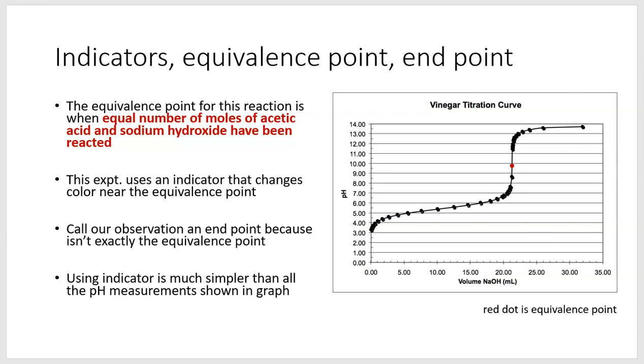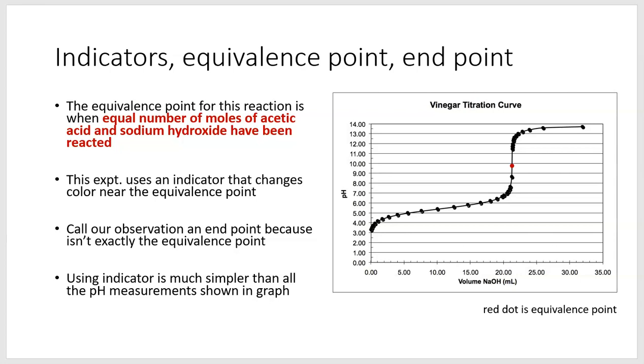If we use a pH meter and draw this curve, then we can identify it just by sight. It's the middle of an S, which is called an S-shaped curve or sometimes a sigmoidal curve.